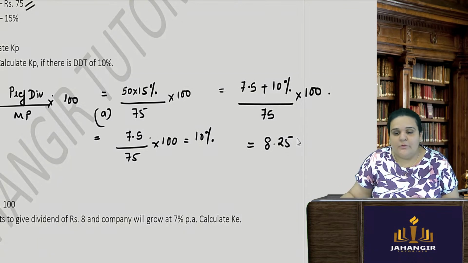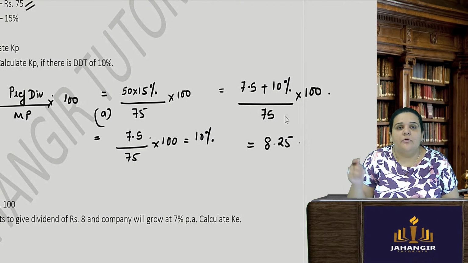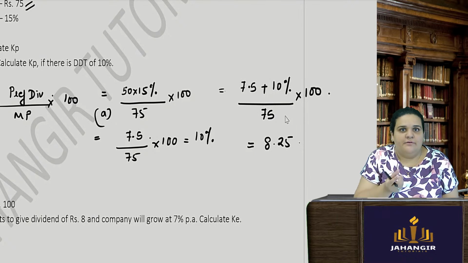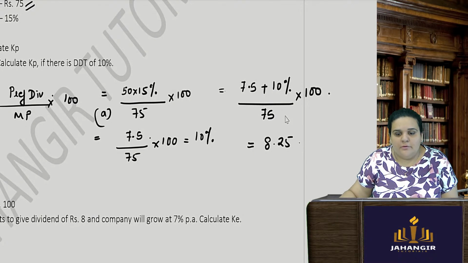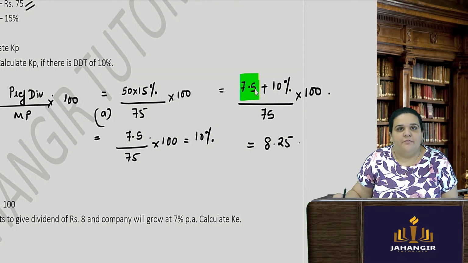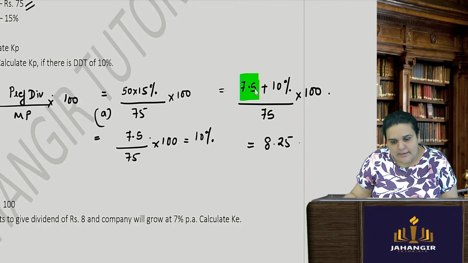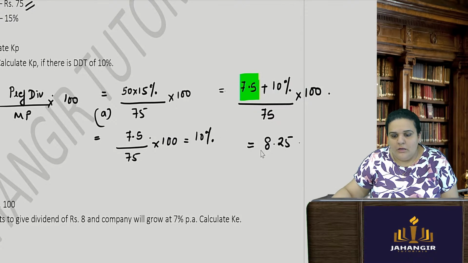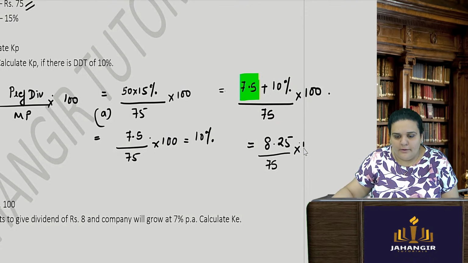Why am I saying to write it in this way? Because you might go wrong in calculation. DDT, dividend distribution tax, is paid on the amount of the dividend. I know my dividend amount is 7.5, and on that I have to pay 10%. So 7.5 plus 10% gives 8.25. So don't skip the steps, please. Upon 75 into 100, when you solve this, it will come as 11%.